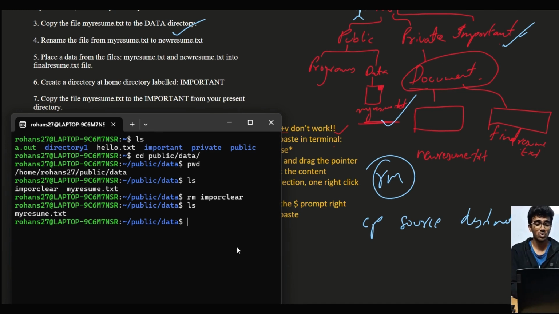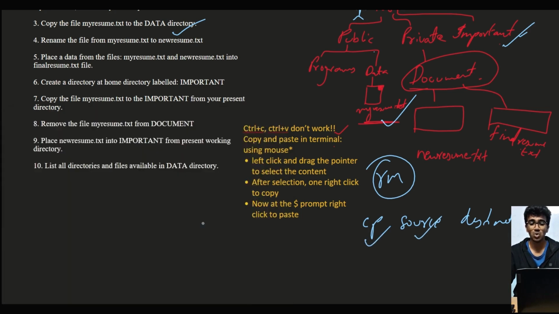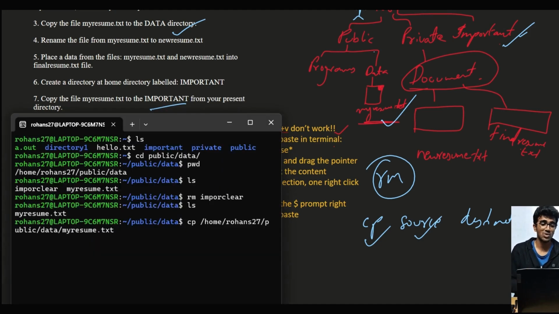So write cp, copy the entire address so that your file is present in this, then a slash and write my, and if you press tab it will complete the file name, otherwise write the entire name without spelling mistakes. Then we completed writing cp, the source, space, the destination. The destination is inside the important directory, which you have just created.